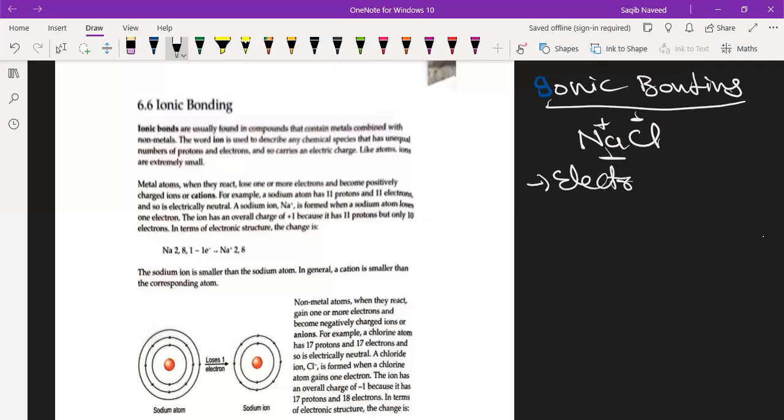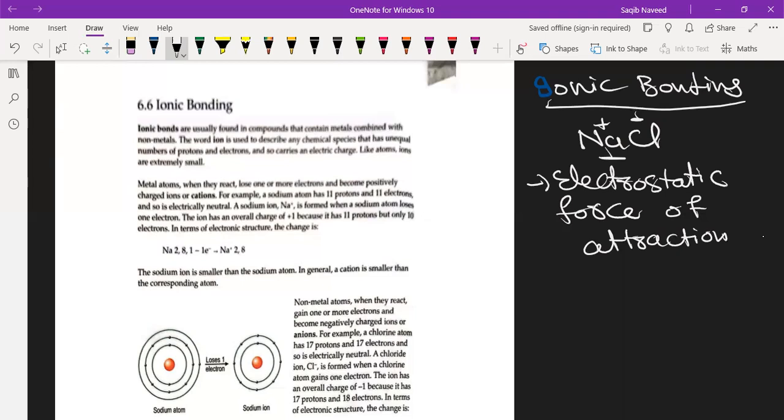A very simple question: if someone asks you which force causes the attraction between positive and negative ion? That is called electrostatic force of attraction. Electrostatic force of attraction means the force of attraction between the positive ion and the negative ion.